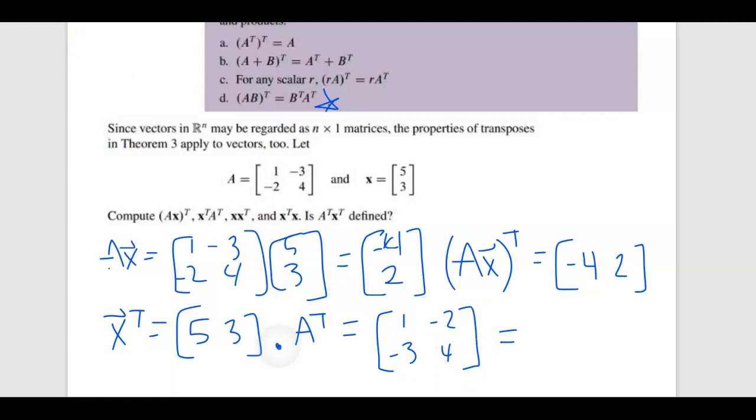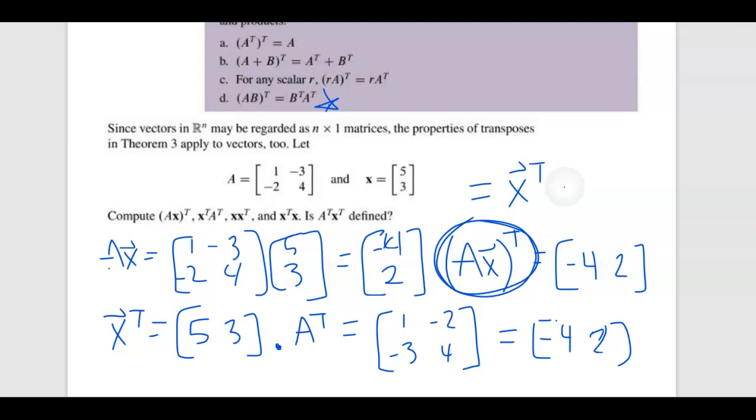Okay, so if I multiply those together, I get 5 minus 9, so I get negative 4. And then I get negative 10 plus 12, so 2. And notice we just showed D here. Notice those are the same because AX transpose should be the same thing as X transpose times A transpose, and we showed that they ended up being the same thing here.